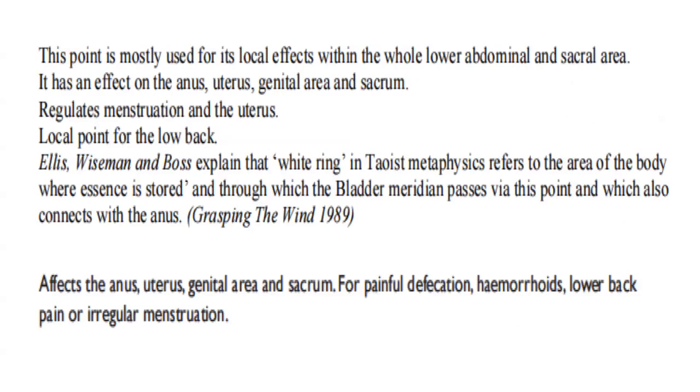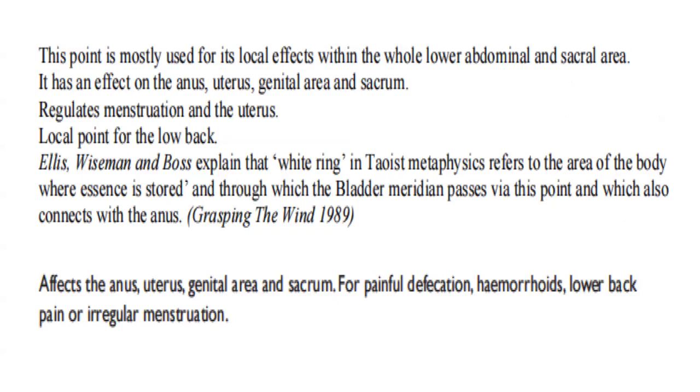Bladder 30 is mostly used for its local effects within the whole lower abdominal and sacral area. It has an effect on the anus, uterus, genital area, and sacrum. Regulates menstruation and the uterus. Local point for the low back.